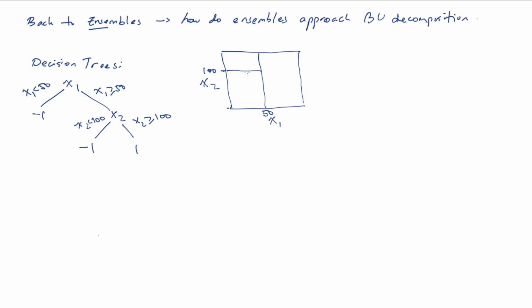And we're classifying everything in here as a positive class, everything here as a negative class, everything here as a negative class, based on this tree that I drew. So what that means is that the decision surface that we're getting looks like this. Let me pick a different color. Red means positive, and blue means negative.